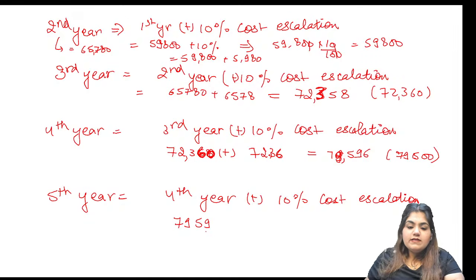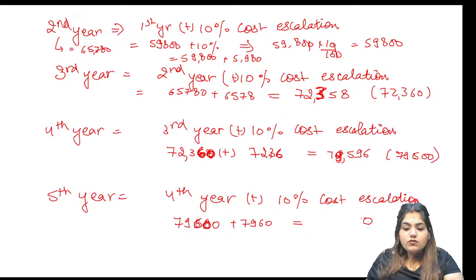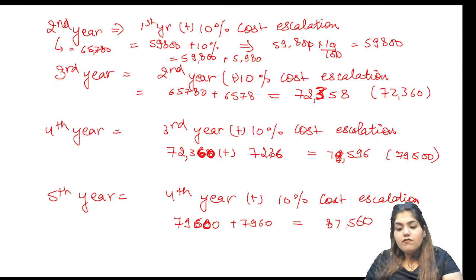So it will be 79,600 plus 7,960. That will give us what? 6 and 0 is 6, 9 and 6 is 15, 1 ऊपर गया 10 17, 1 ऊपर गया 8. 87,560.